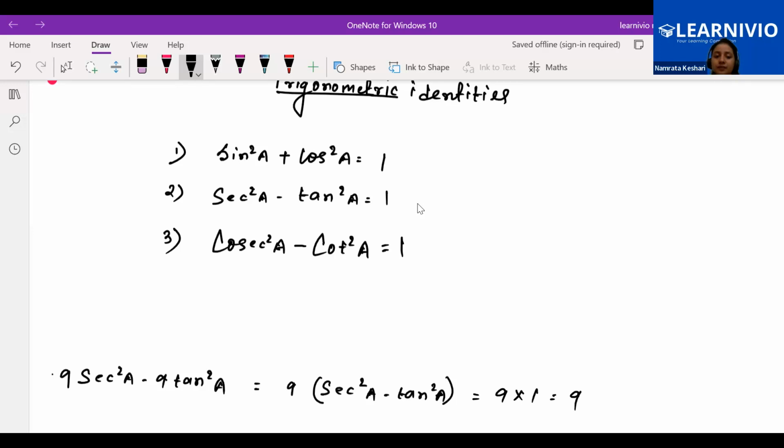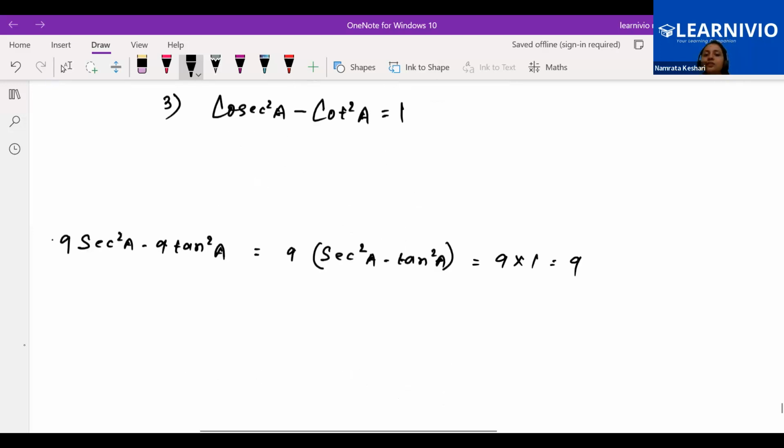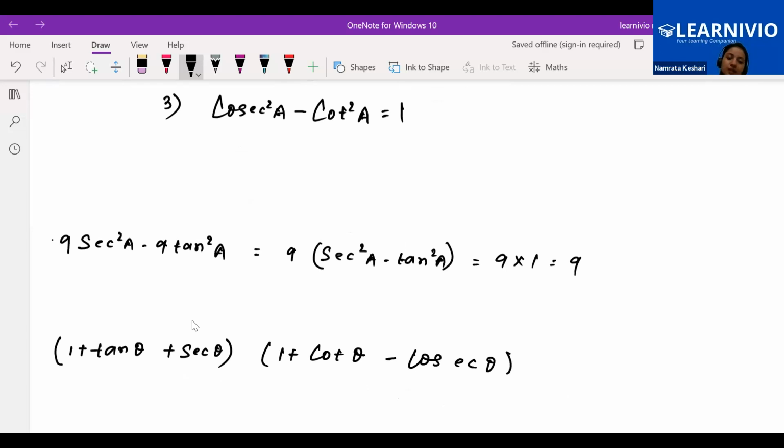Yes. Okay, so if this type of question comes, then you will be able to do it, right? Suppose we are having this question: 1 plus tan theta plus sec theta, and here we have 1 plus cot theta minus cosec theta. Then what to do over here? Who will say?